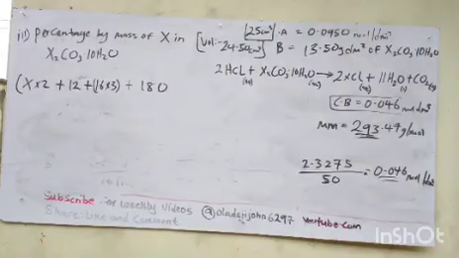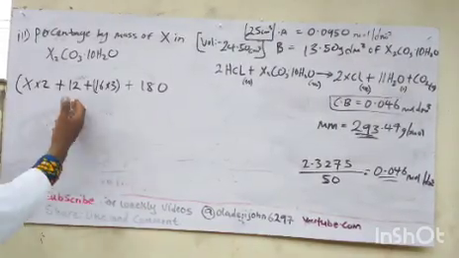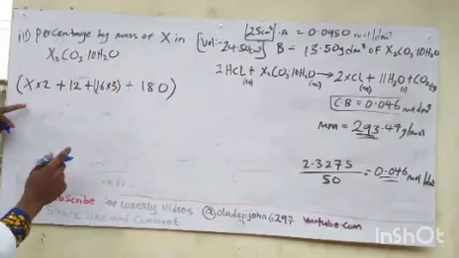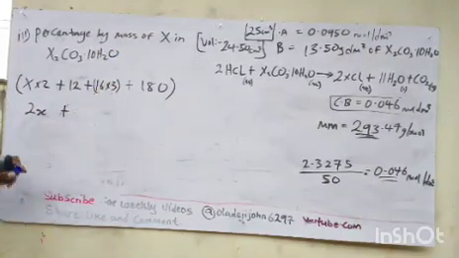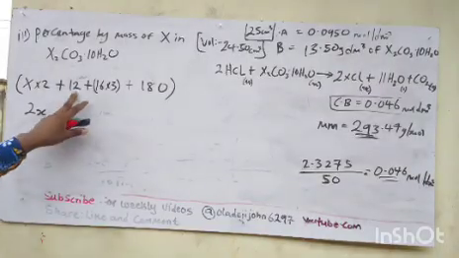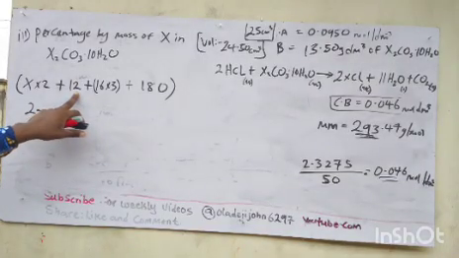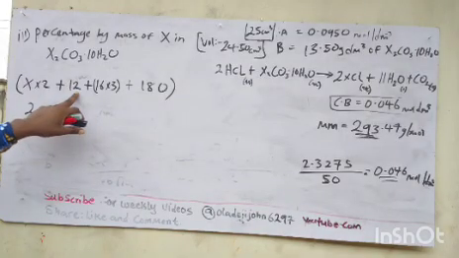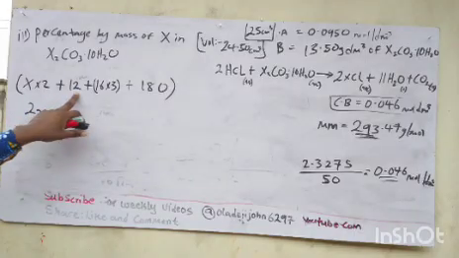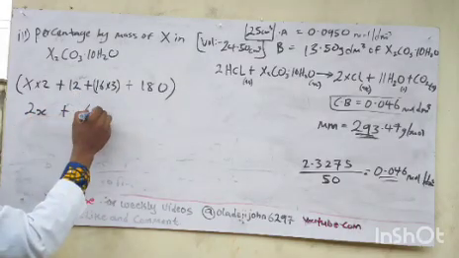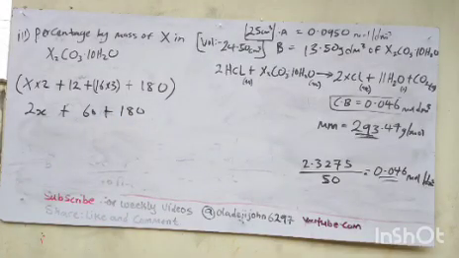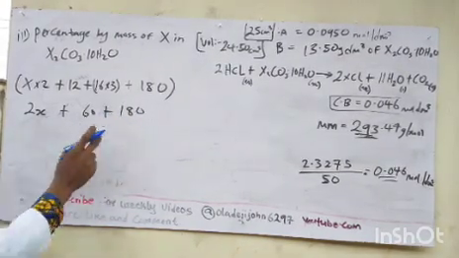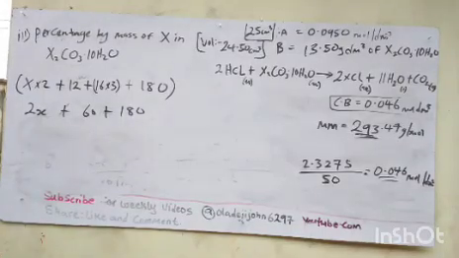So, adding up those that are similar, we have 2X plus 16 times 3, that's 48. 48 plus 12, that gives us 60. 60 plus 180 is 240.